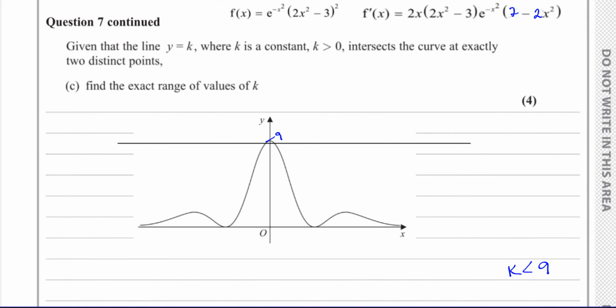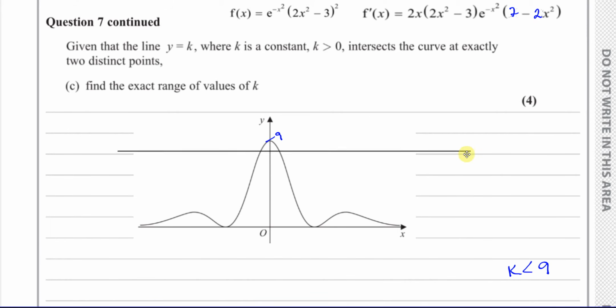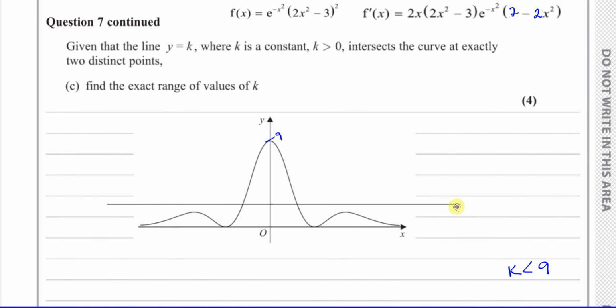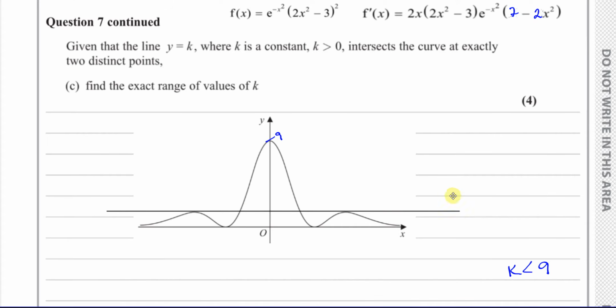However, there's a limit to the value of k, because if we draw the line here, up to here, it's fine. If we continue until this point here, it's going to cut it in 1, 2, 3, 4 places, and these will cause this not to be true.